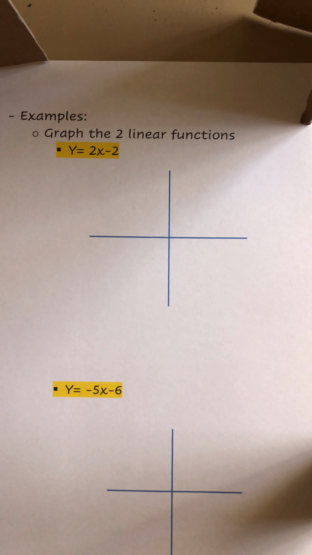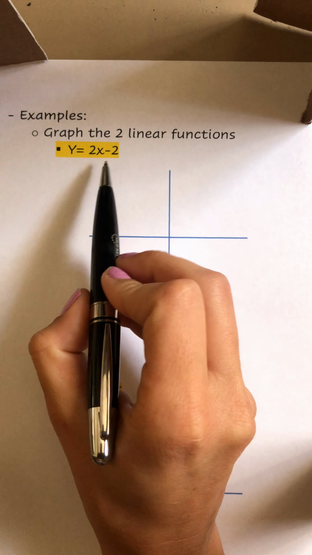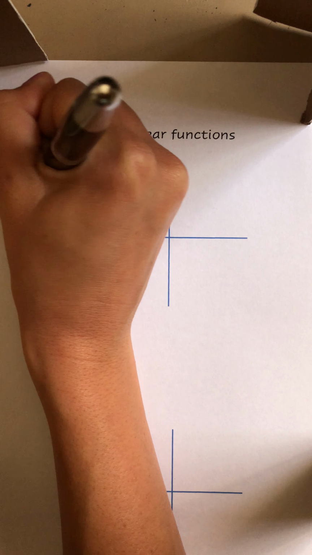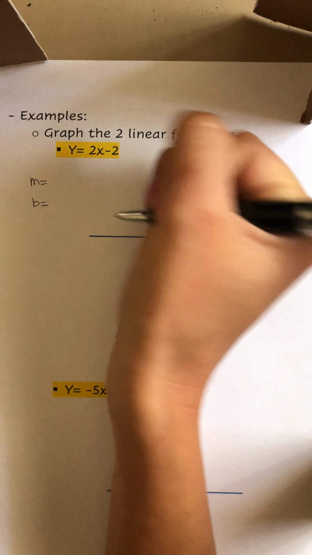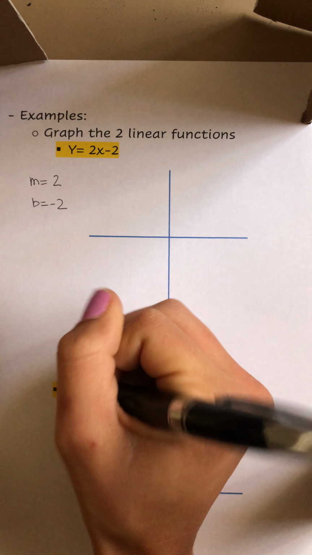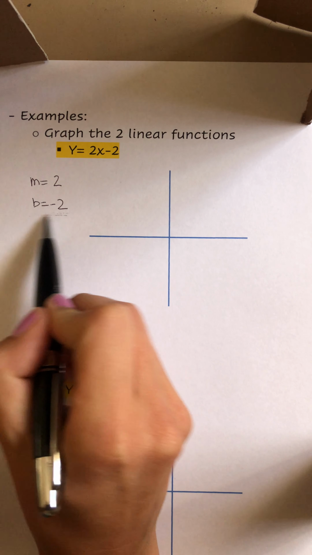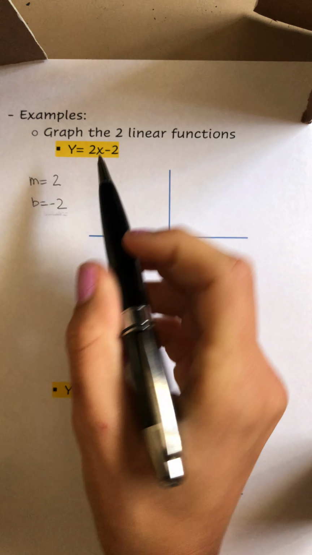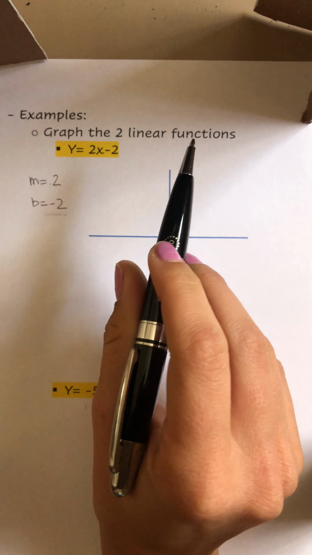Alright. So they're already in our slope-intercept form because we did them previously in our examples before. So we're going to have our m and our b. Our m is going to be 2, and our b is going to be negative 2. So we're going to get our b first because that's our y-intercept, negative 2. Then we have a positive, so we know it's going to be going upwards.